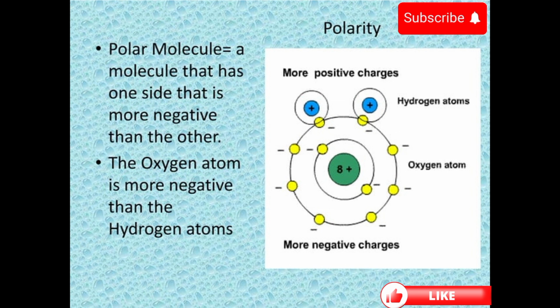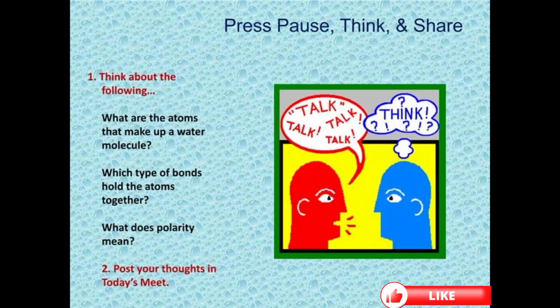A molecule having both positive and negative charges is known as a polar molecule. So water is a polar molecule. The oxygen end of the molecule is electronegative, bearing a partial negative charge, and the hydrogen end is electropositive, bearing a partial positive charge.